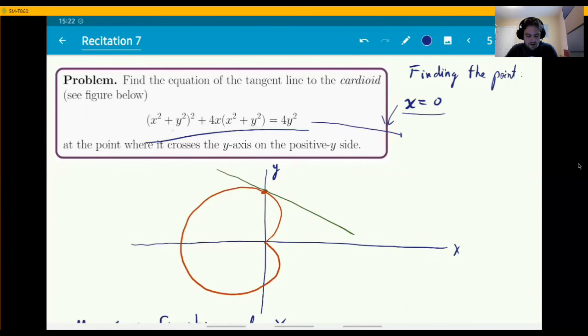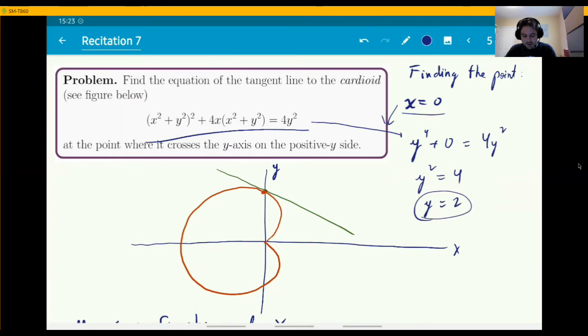You're going to just have y squared squared, so that's y to the fourth, plus the entire second term is 0 because of this x. And then the right side is 4y squared. You see that this is going to simplify. If you divide by y squared, you have y squared equals 4, so y is plus or minus 2.